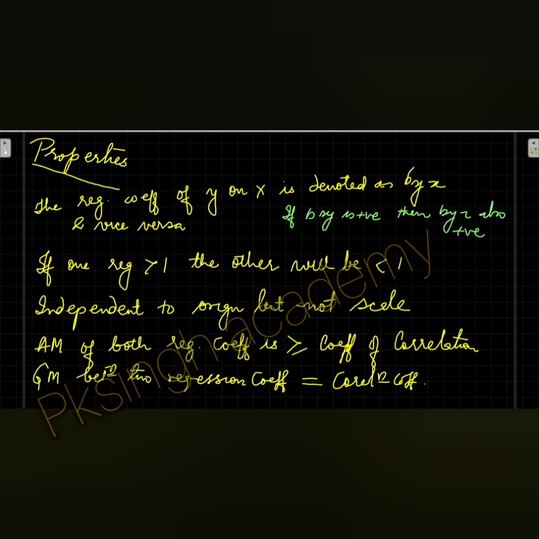Now we'll see what the properties of the regression analysis are. The regression coefficient of y on x is denoted as byx. Means, when we say y is equal to a plus bx plus c, the regression coefficient of y means the coefficient of y.